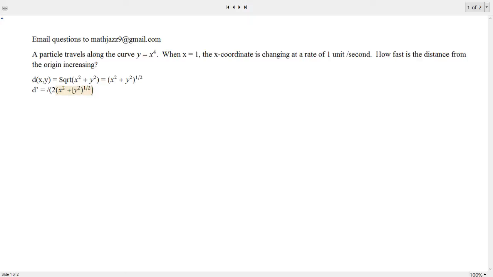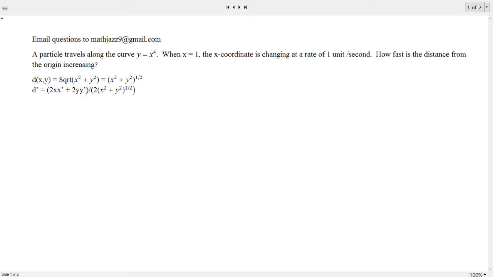And the chain rule says that you take the derivative of the outside function and you plug the inside function into it. And then you have to multiply by the derivative of the inside function. So we're going to get 2x times the derivative of x plus 2y times the derivative of y.